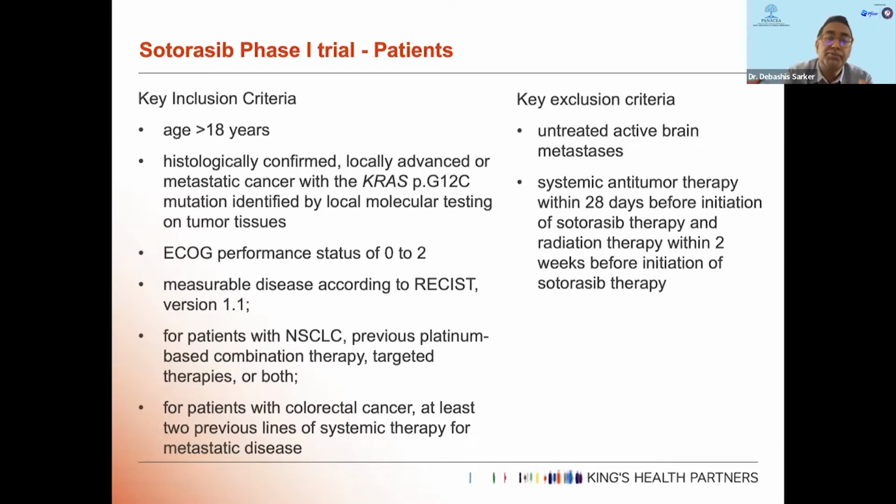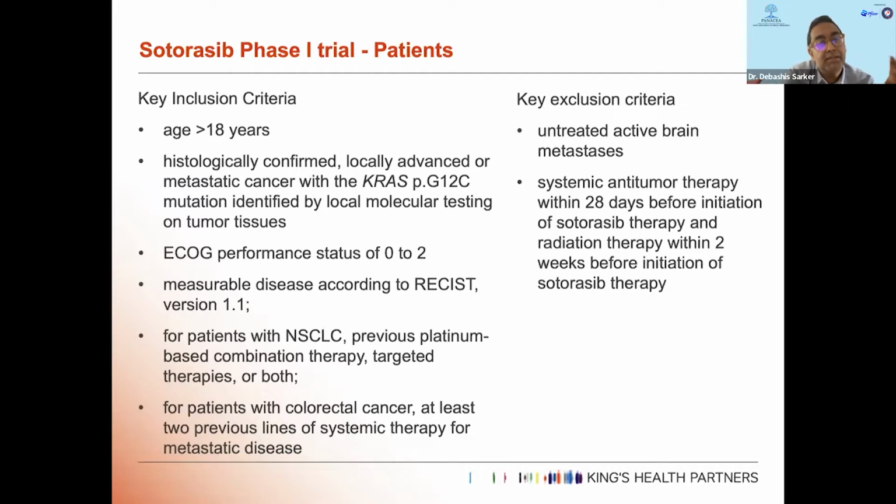And for patients with non-small cell lung cancer and for patients with colorectal cancer, there was a slight difference in terms of the prior lines of therapy. For patients with non-small cell lung cancer, they had to have previous platinum-based combination therapy or a targeted therapy or both. And for patients with colorectal cancer, they had to have had at least 2 previous lines of systemic therapy for metastatic disease.